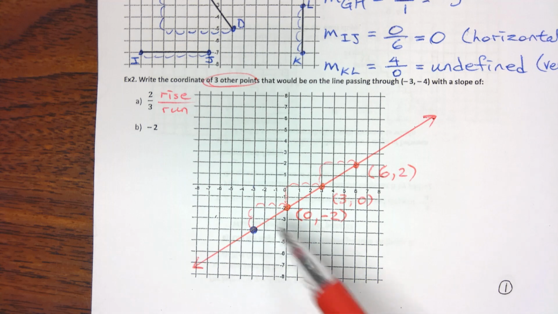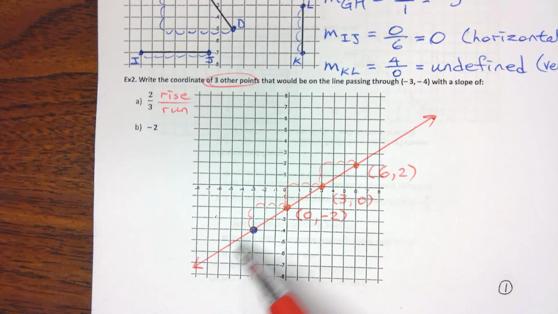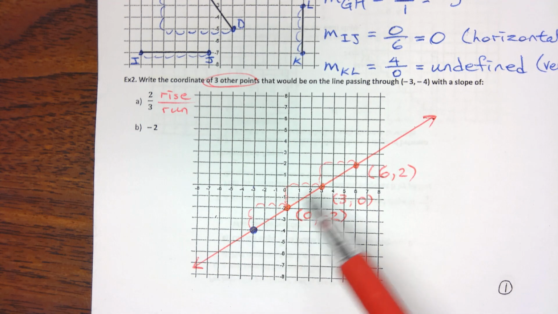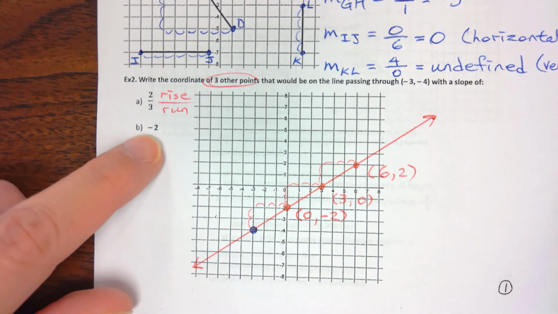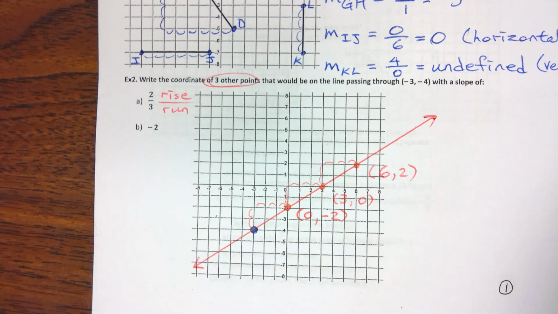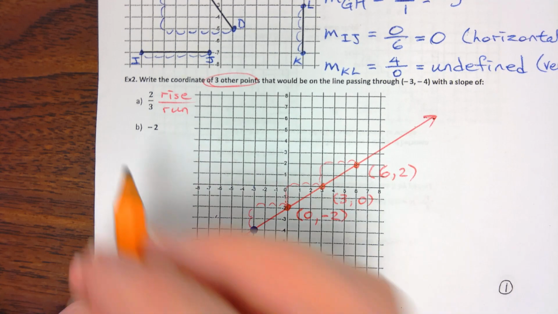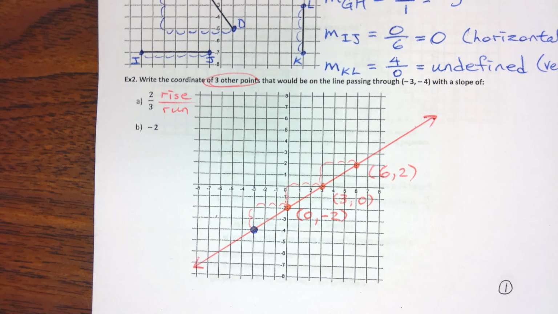Okay, so the slope throughout the whole line is the same, not just between 1 or 2 points, but throughout any point. Next example, this one, -2. What's my rise? What's my run? I don't see a fraction.